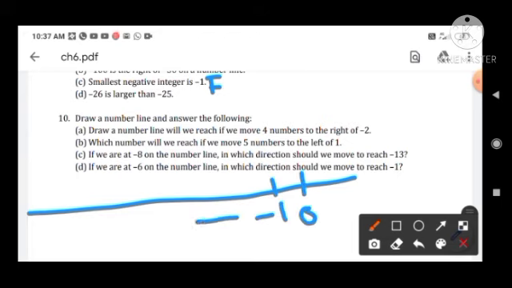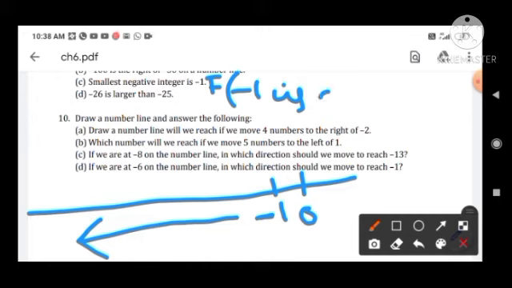Minus 1. And all the numbers on the left side of minus 1 are smaller than minus 1, isn't it? So minus 1 will not be the smallest one. Minus 1 will be the greatest negative number. Okay, you have to remember this. You will write minus 1 is the greatest negative integer.